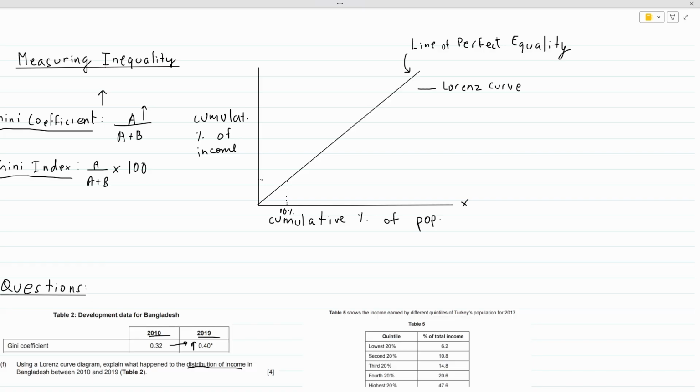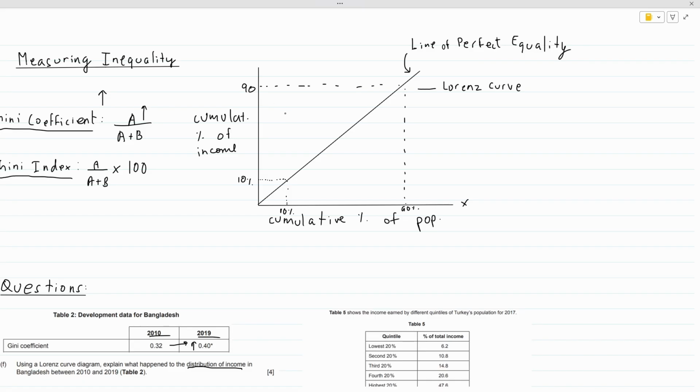Now if we mark this on the y-axis, the line of perfect equality will always return the same value here. So that's 10% here, meaning the bottom 10% of the population earns 10% of the income. And same goes for any other value. Let's take any arbitrary percentage value. Let's say this is 90%. The y-axis will return 90%.